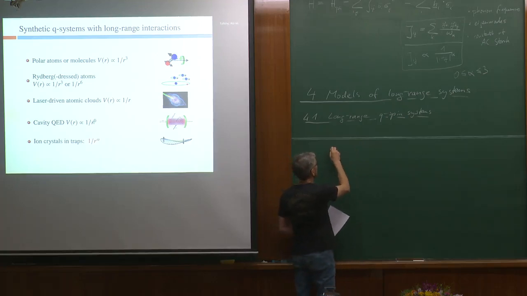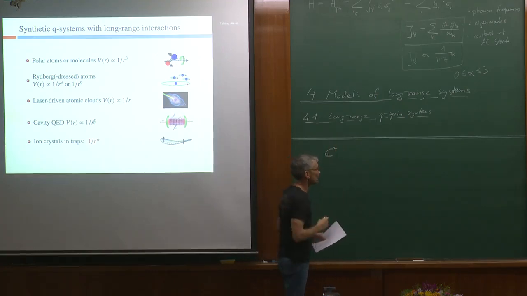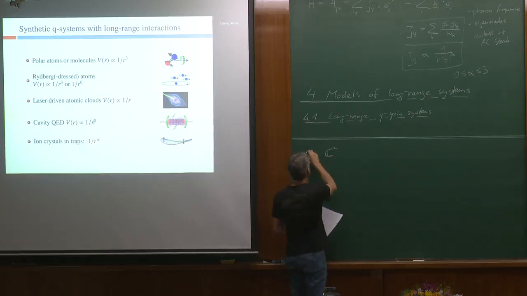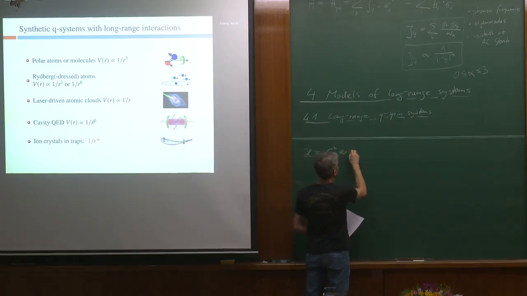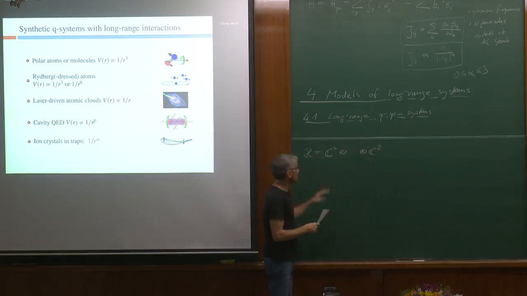It only means that the Hilbert space associated to any site is a complex vector space, and for spin 1/2, which I'll be exclusively using, it's going to be C2. So this is just what the Hilbert space of one site is, and then I'll have many of those.